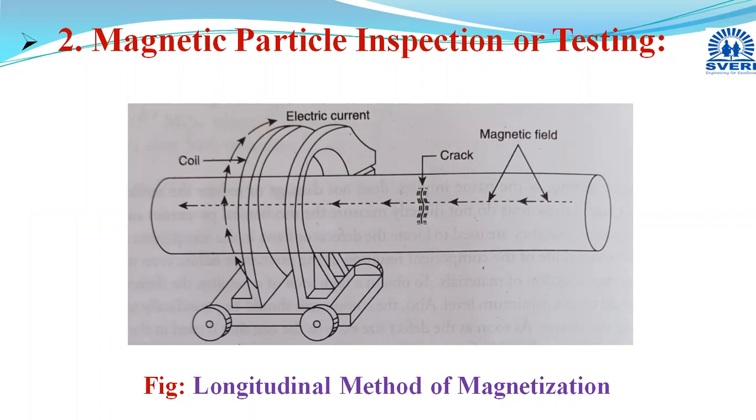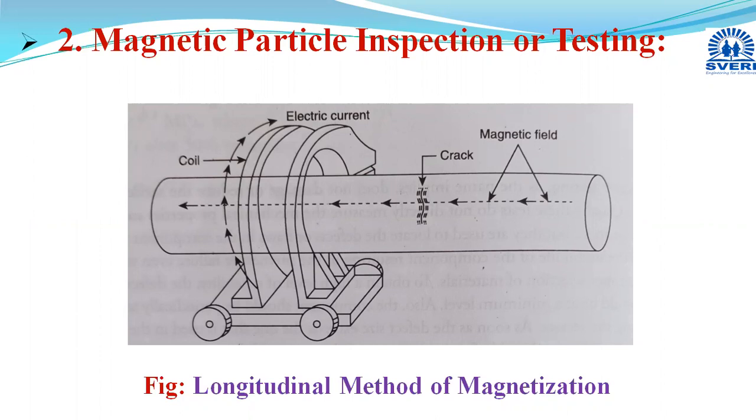Application of the ferromagnetic powder will be the same. Just the observation is done in a dark room with the help of UV rays. We are only changing the ferromagnetic powder.